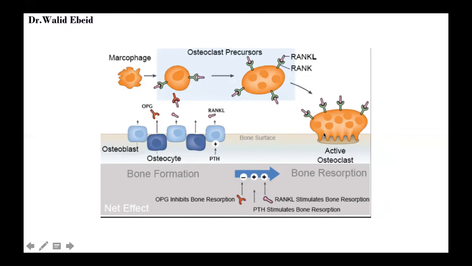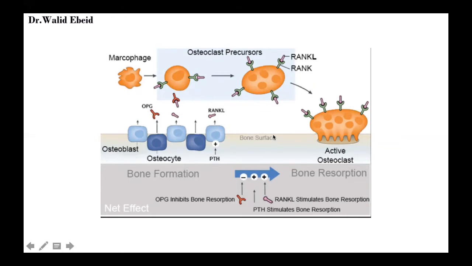This process of bone resorption, which entails the osteoblasts, the osteocytes, and the osteoclasts, is heavily regulated in the body. There are hormones, there are cytokines, there are diseases that inhibit or accelerate this bone resorption cycle.